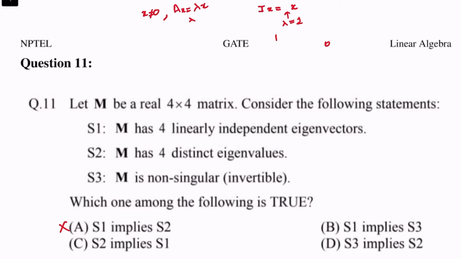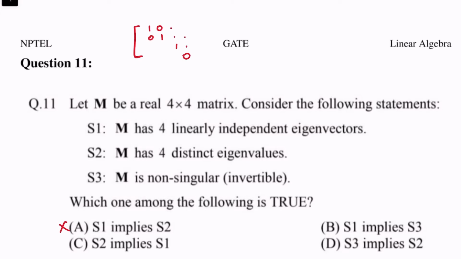Next, let's look at whether S1 implies S3, that is, having 4 linearly independent eigenvectors, does it mean that M is non-singular? It's again not necessary. Let's consider the same I matrix, except I'm going to turn the last main diagonal element to 0.